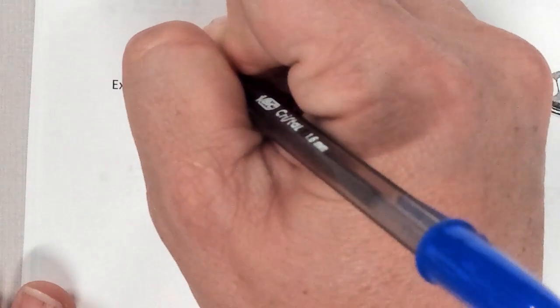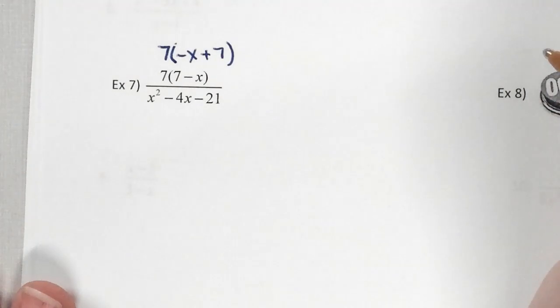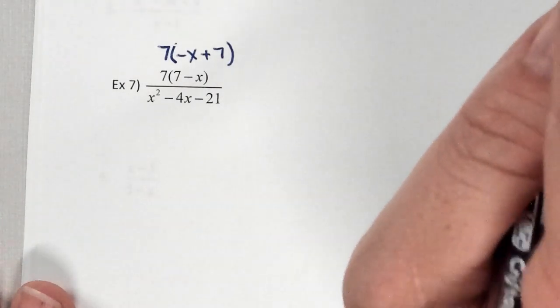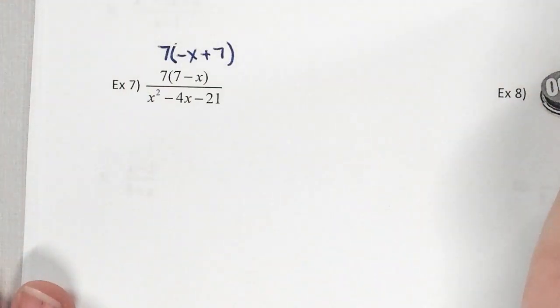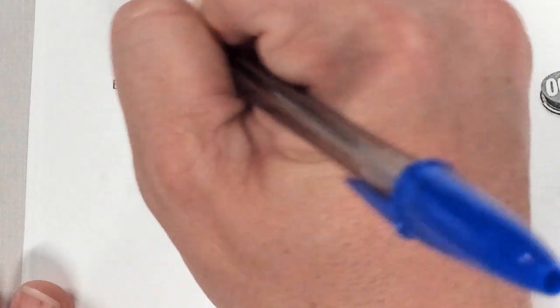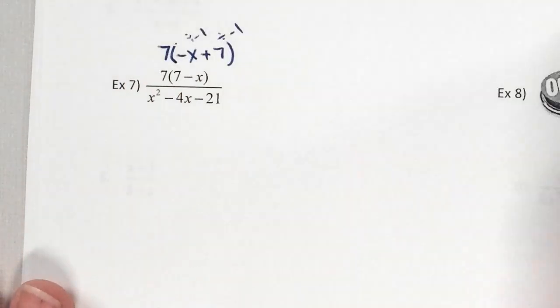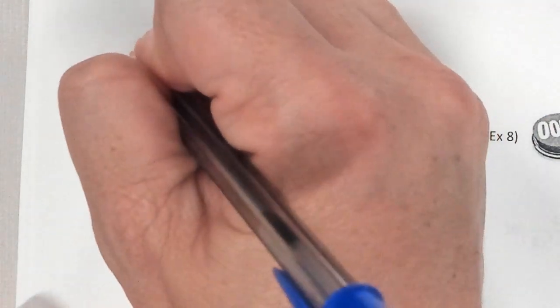So when I take it out, where should I put it? In front of the 7 or in the middle? Not in the middle, because then what will it look like? Subtraction. And the reason I'm going to show you is because technically it's like taking out a -1 for a GCF, right? Negative is the same thing as -1. When I take out that -1, I have that 7.